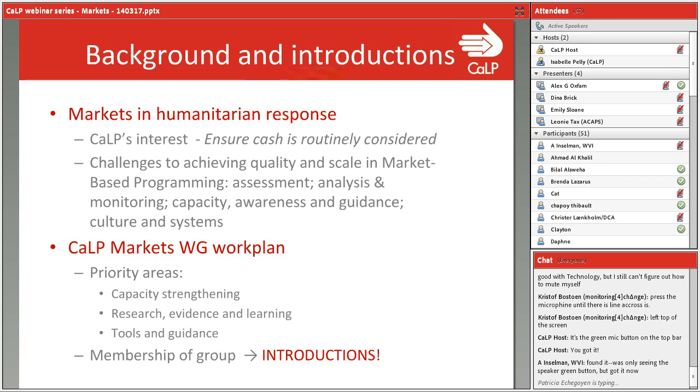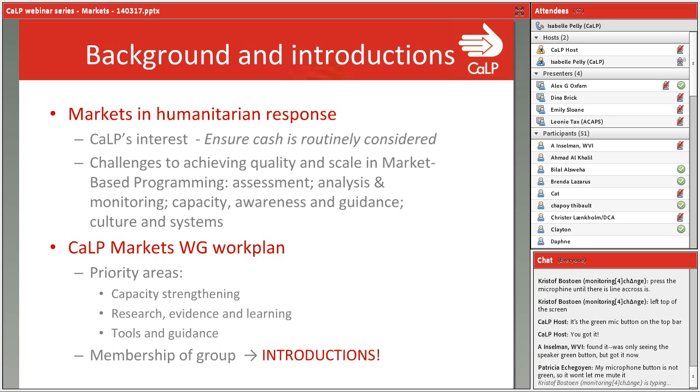Then when market-based programming is used, there are issues with how those interventions are monitored, staff capacity at all levels, and awareness and guidance. And even the organizational cultures and systems that encourage the use of market-based programming are not well established.